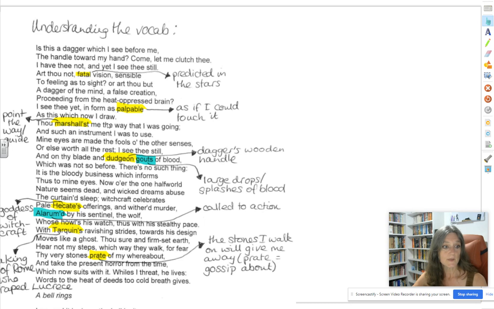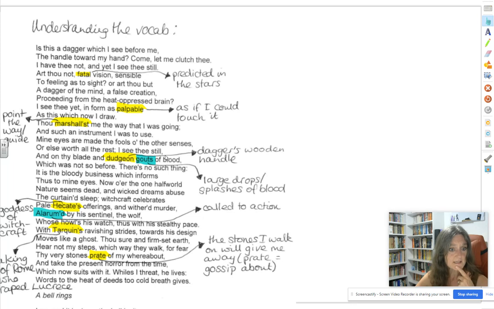So if you think about the London Marathon or something, the marshals make sure that the runners are going in the right direction and they can control the crowd. And it's the same idea going on here, that marshallest me the way, he says. Then he can still see this imaginary dagger in front of him, but it changes.